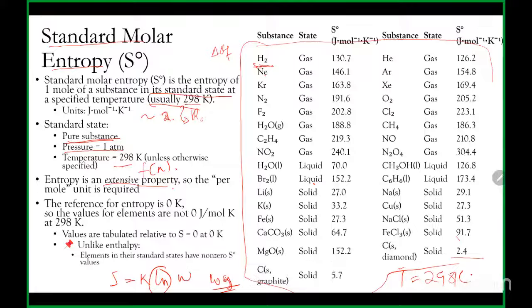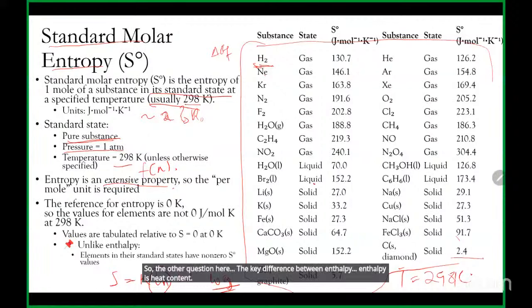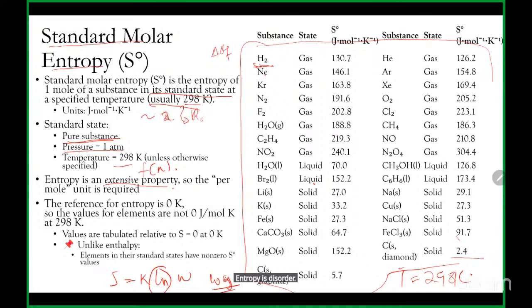So the other question here, the key difference between enthalpy and entropy: enthalpy is heat content, entropy is the amount of disorder in the system. Let's not go into too much physical chemistry. Ln is not a constant.